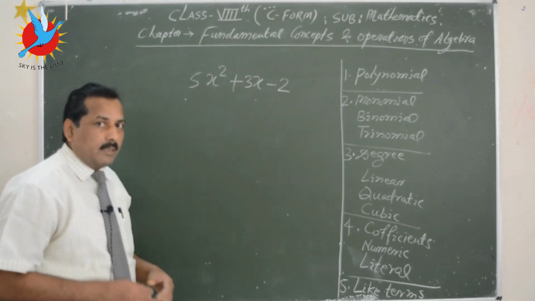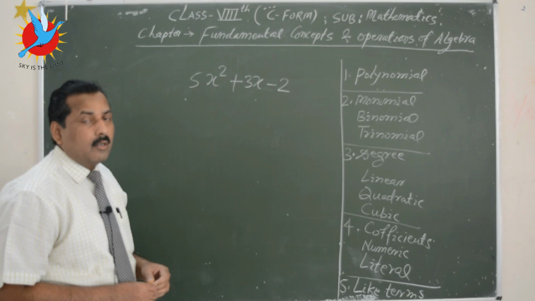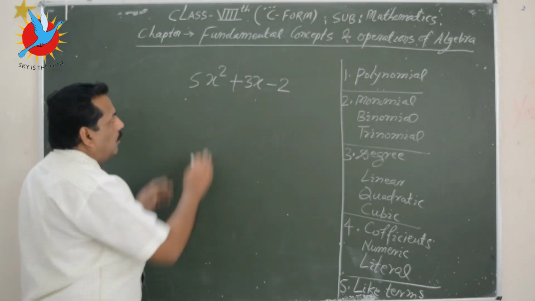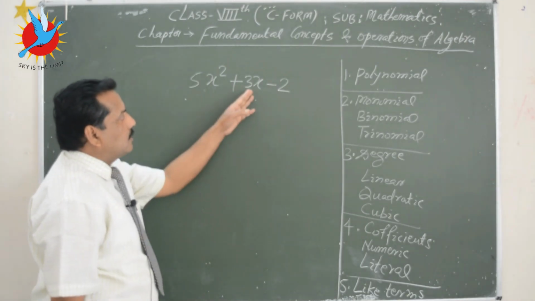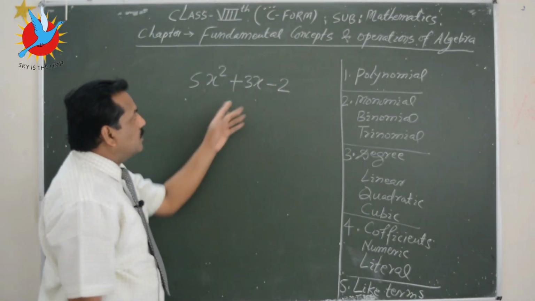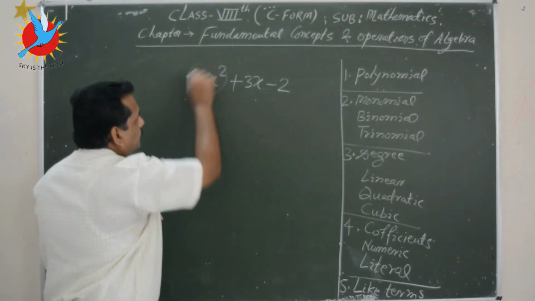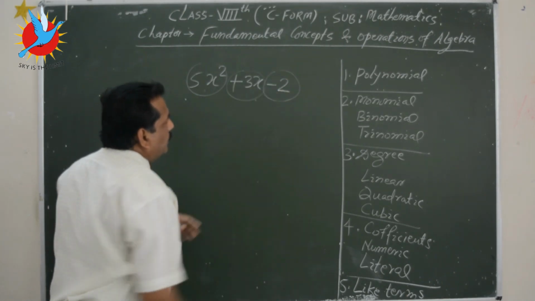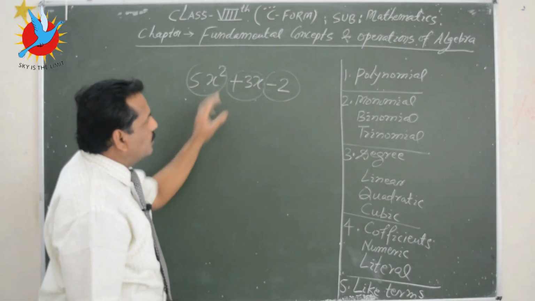The terms are separated by plus or minus signs. So how many terms are there? This is one term, this is another term, and this is another term: 1, 2, and 3. So there are 3 terms.